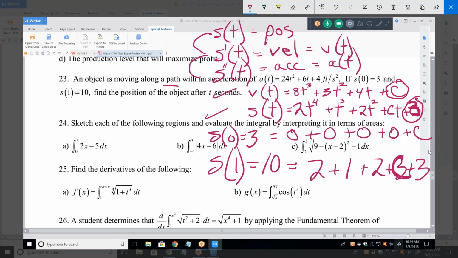Okay, so here's our final position function. S as a function of time is 2t to the fourth plus t to the third plus 2t squared plus 2t plus 3. And we can furthermore prove that s of 0 is 3 and s of 1 is 10.